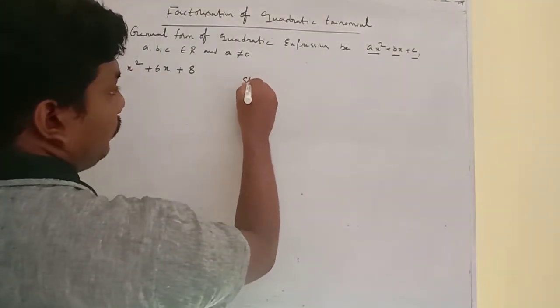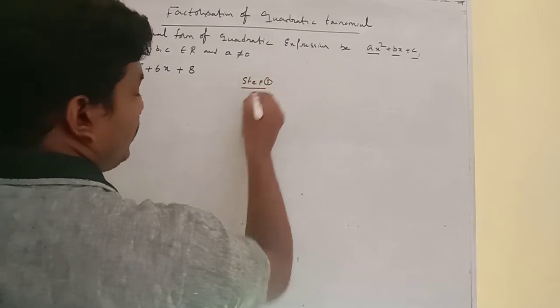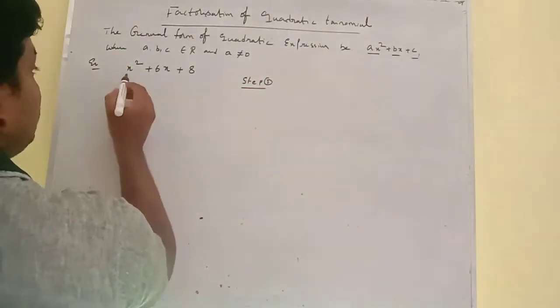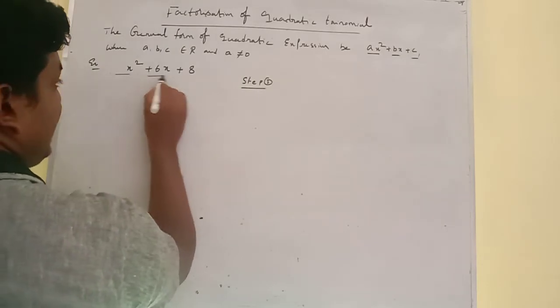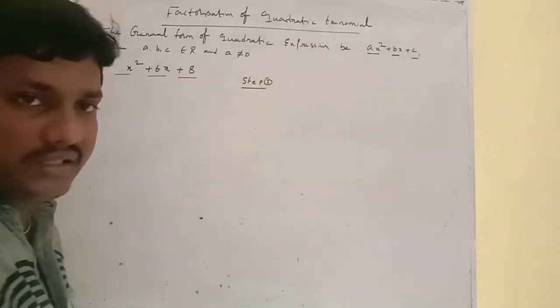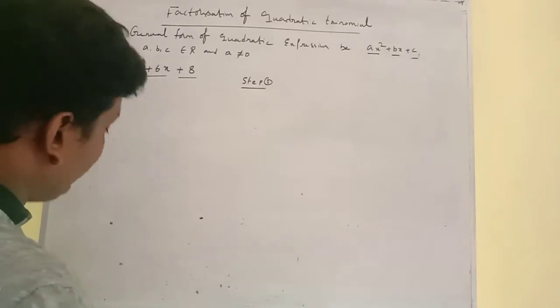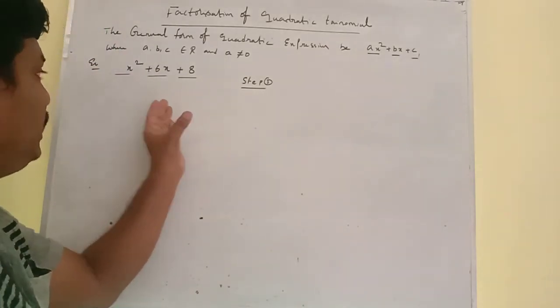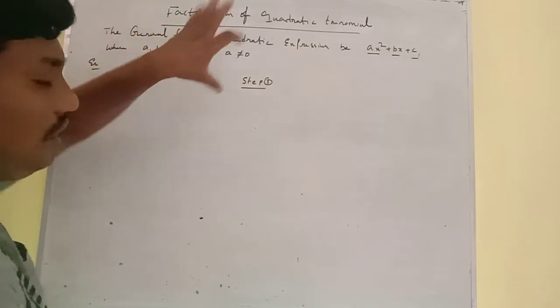I am going to explain this step by step. What is the first step? In this first step, we are going to identify the terms: the x square term, the 6x term, and 8, that is the constant term. Then we are going to multiply the x square term and the constant term.